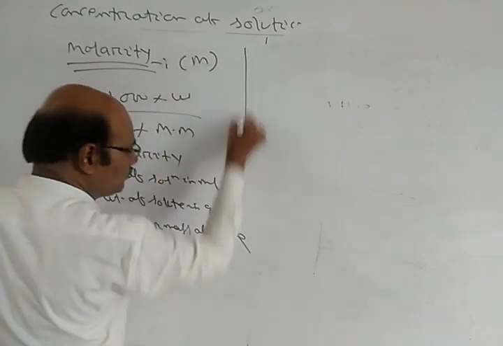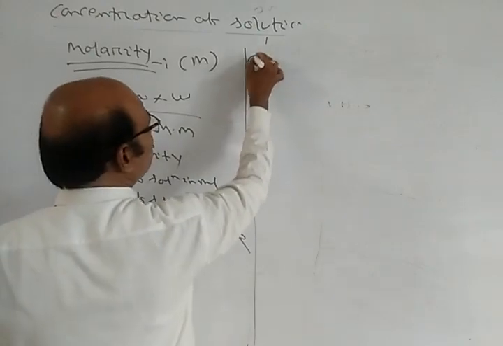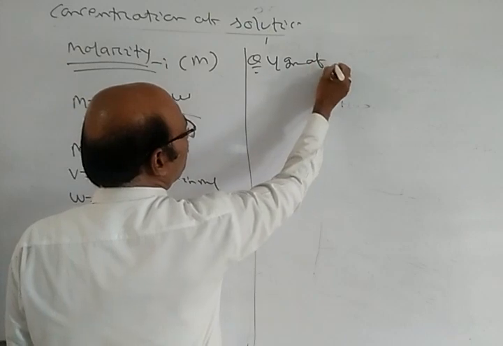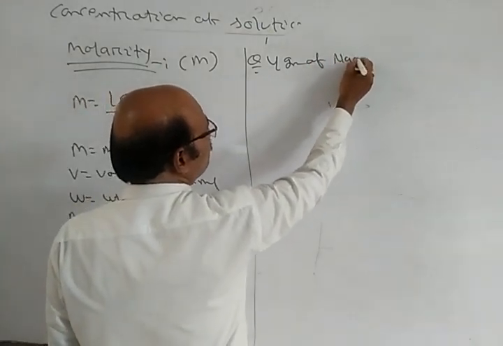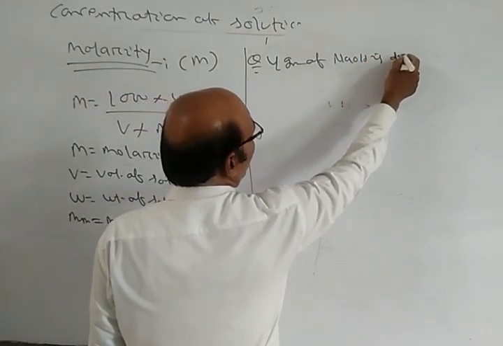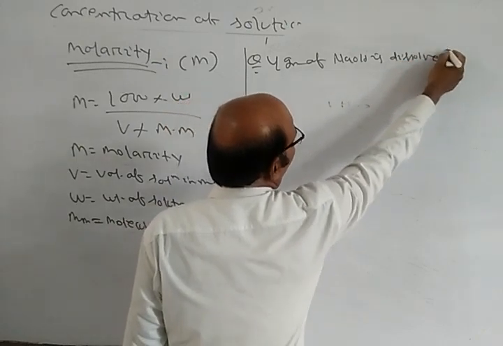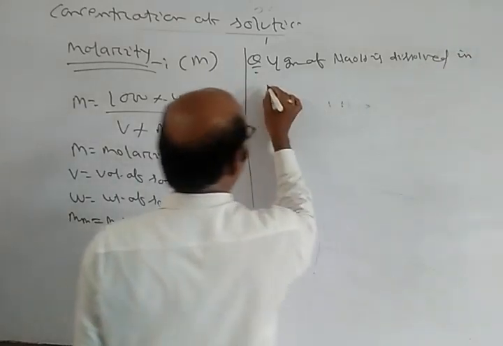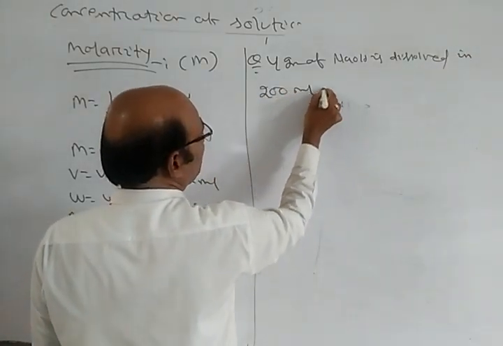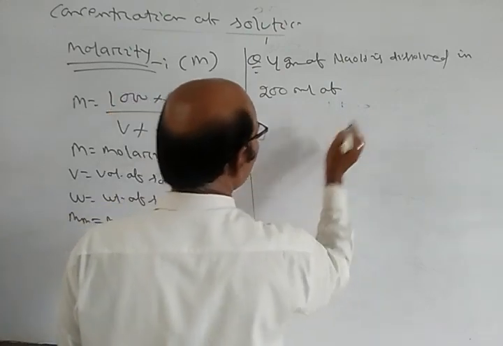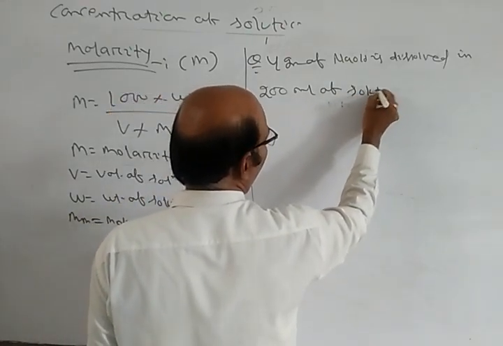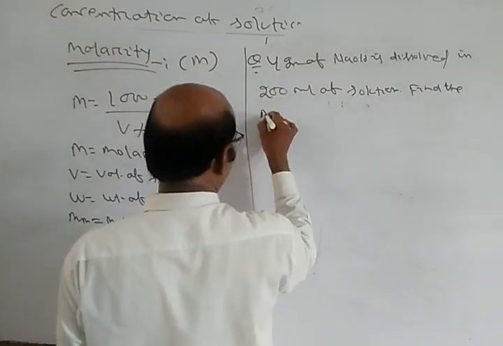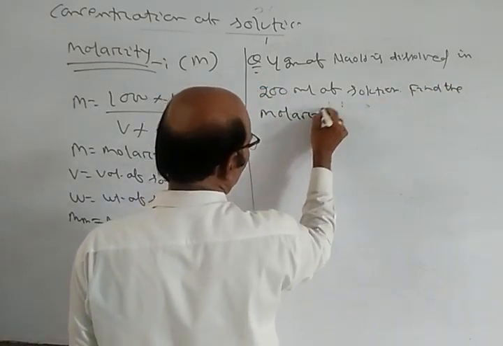Now suppose we have a numerical: 4 gram of NaOH is dissolved in 200 ml of solution. Find the molarity.